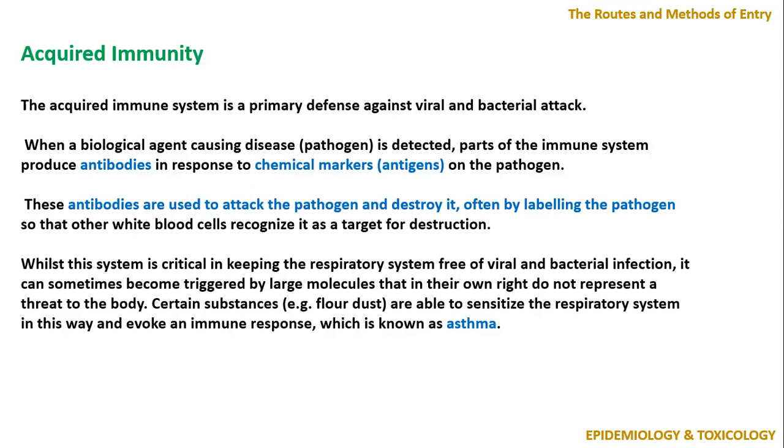So now we will see the acquired immunity. The acquired immune system is the primary defense against viral and bacterial attack. When a biological substance causing disease, a pathogen, is detected, part of the immune system produces antibodies in response to the chemical markers, antigens, on pathogens.